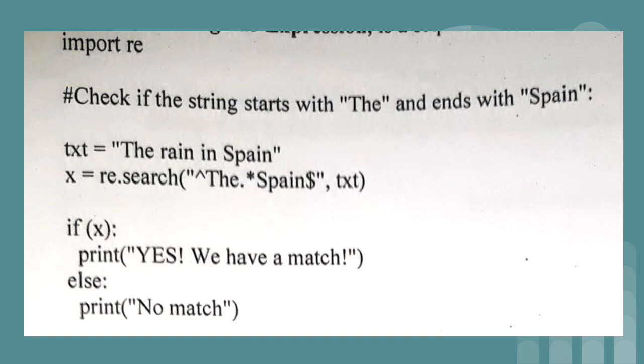And whenever we use the methods of the re module, we have to use re as an object. So re.search: first we write re dot and then the name of the method which we want to use. Different methods have different parameters, which we will see later. But this is the basic example.